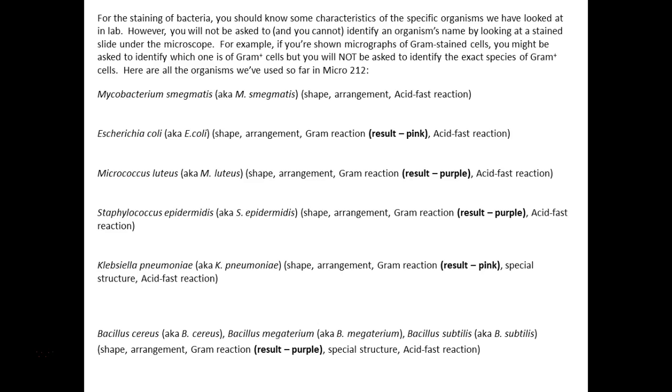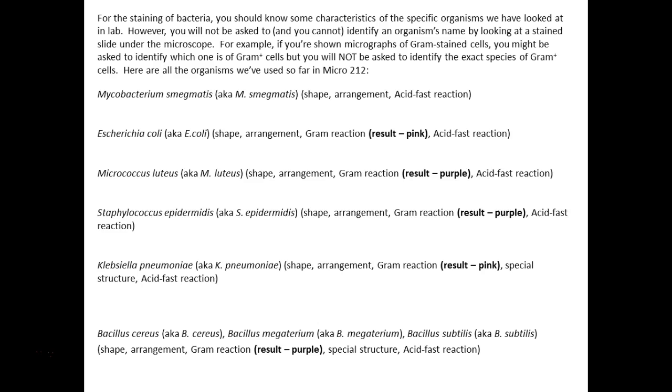Doesn't stay stuck. Today, and we've worked with one of these bacilli previously, but again, the name of the genus gives you a clue. What shape are these? These are bacillus. And they tend to form chains, right? So their arrangement is chains. So hopefully we'll see some chains today. And why we're using them today is they too form a special structure that we want to see today.